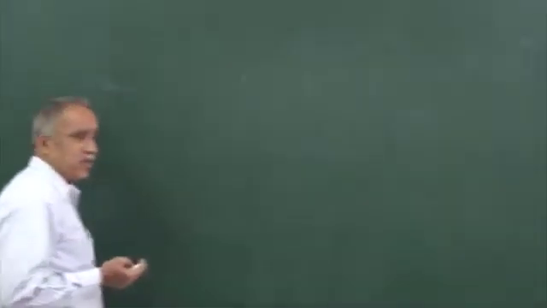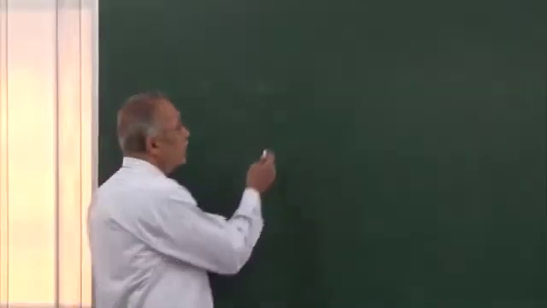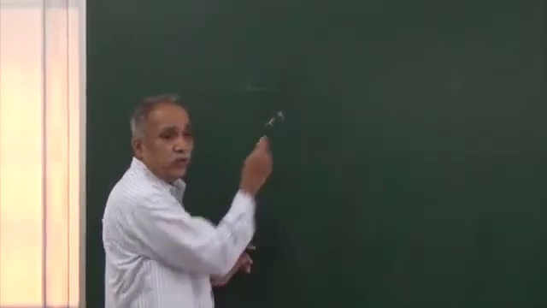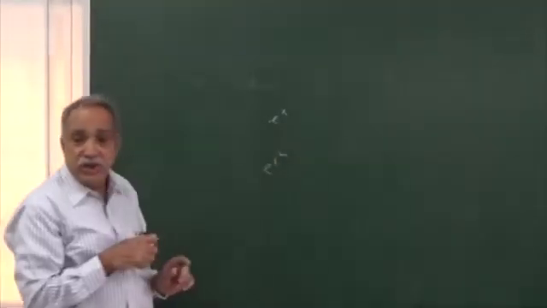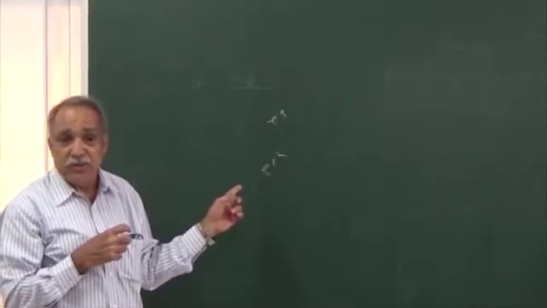Next problem. Suppose a function is continuous. Theory says it has an antiderivative. This continuous function has an antiderivative, and we know what the antiderivative is. This one also is continuous, and according to theory, it has an antiderivative.